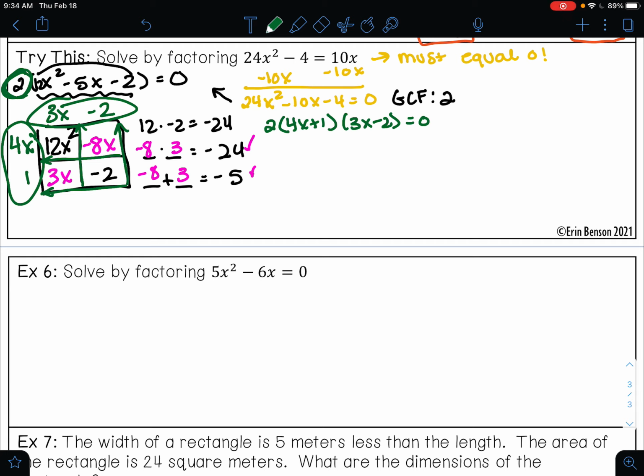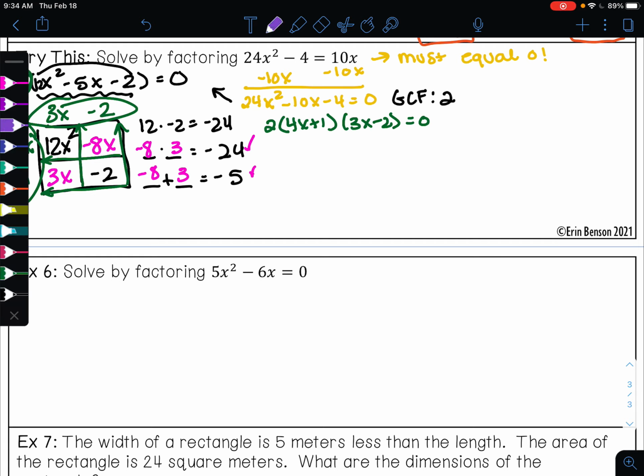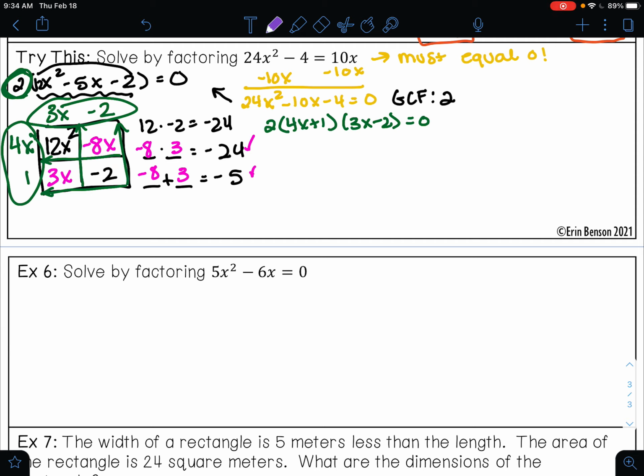Now that I have factored, I can use the principle of zero products. Here I have 3 factors, 2, 4x plus 1, and 3x minus 2, and when I multiply those 3 things together, I get 0. So one of those 3 factors needs to be 0 in order for this to equal 0.